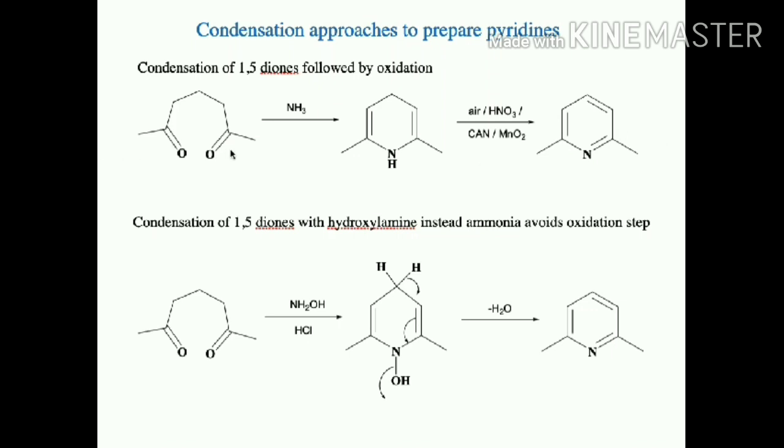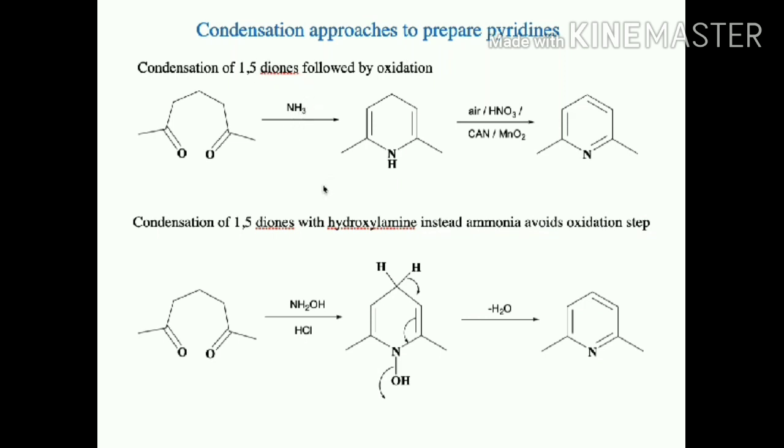Whatever 1,5-dione we get in Hantzsch pyridine synthesis, the same 1,5-diketone we are going to get directly, and it will undergo addition reaction, and finally it is going to get oxidized to give the corresponding pyridine. For oxidation, we can use air, HNO3, ceric ammonium nitrate, or manganese dioxide. So this is a simple approach, by condensation of 1,5-dione with ammonia.